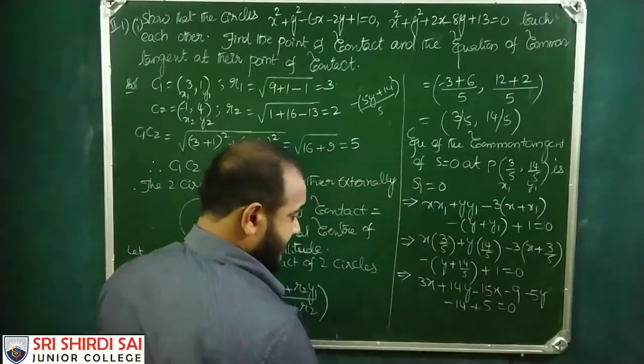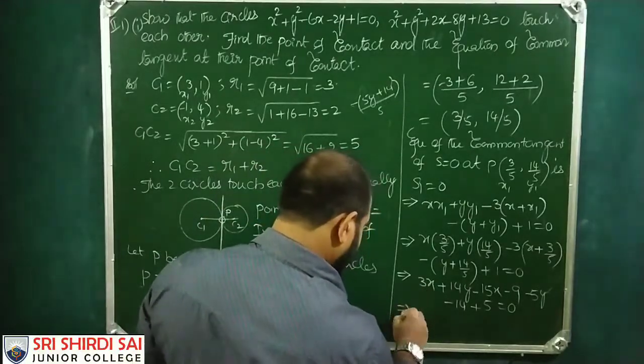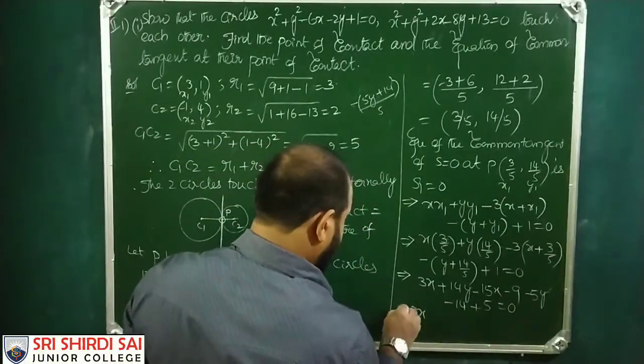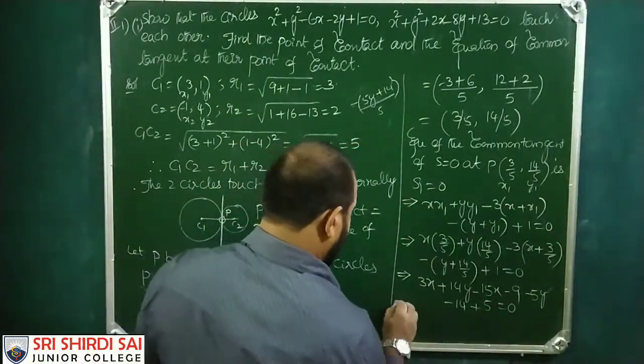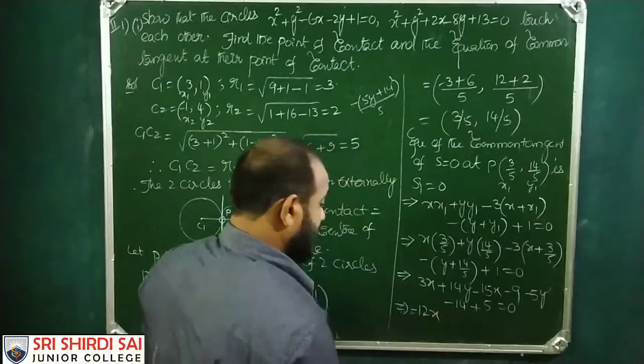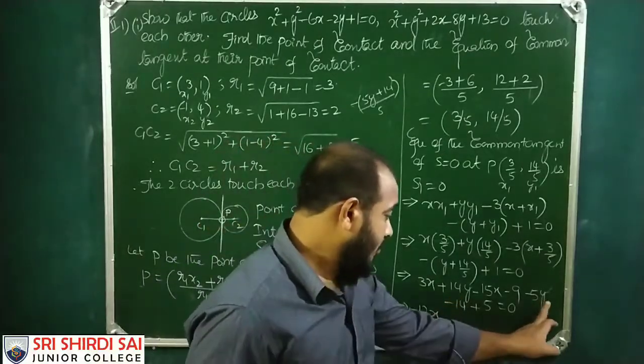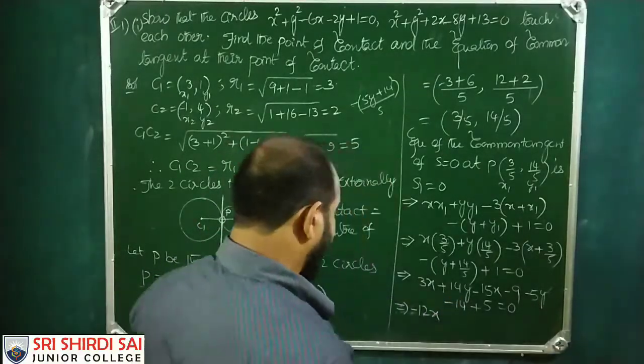So the answer is 3x minus 15x, minus 12x, 14y minus 5y, that is 9y.